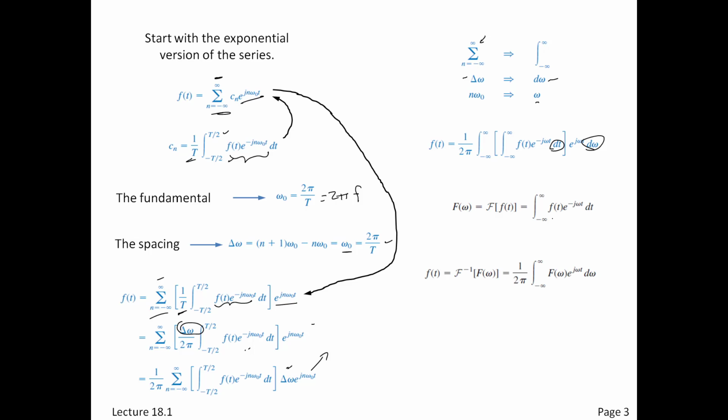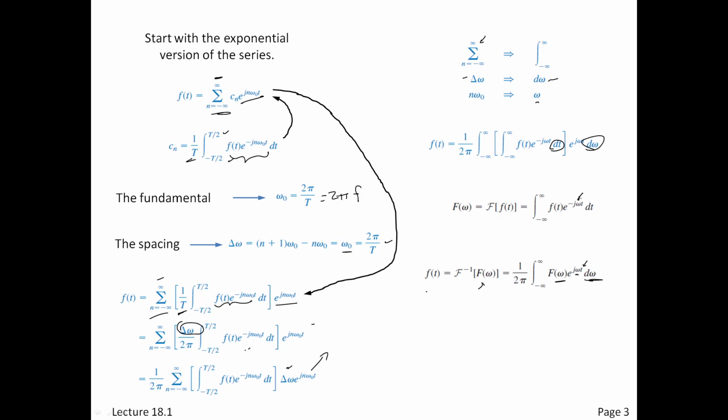Very nice. The inverse also exists. F of t will be the inverse of this, so that's going to be 1 over 2 pi, taken in the other direction, with the integral now in the frequency domain. And here's our omega t. In this case, t is a constant and omega is the variable.